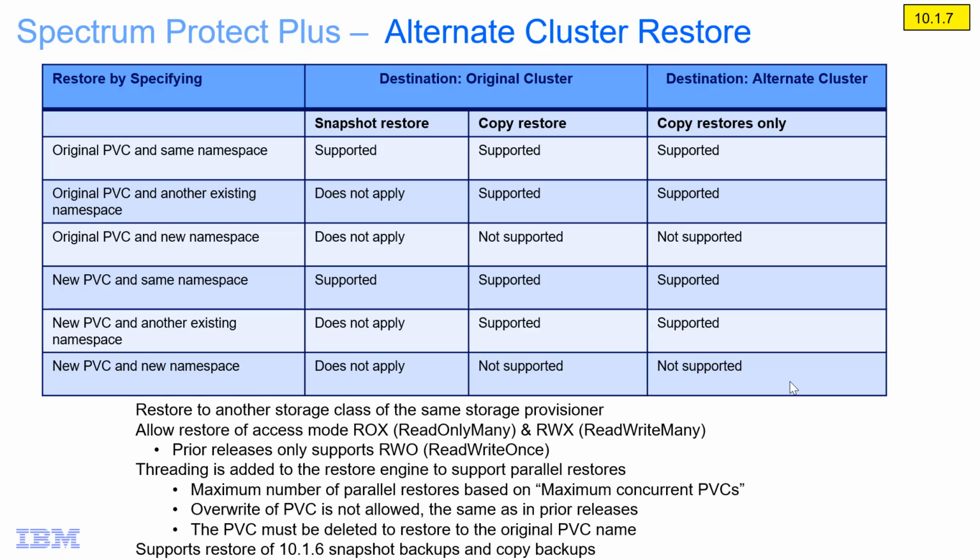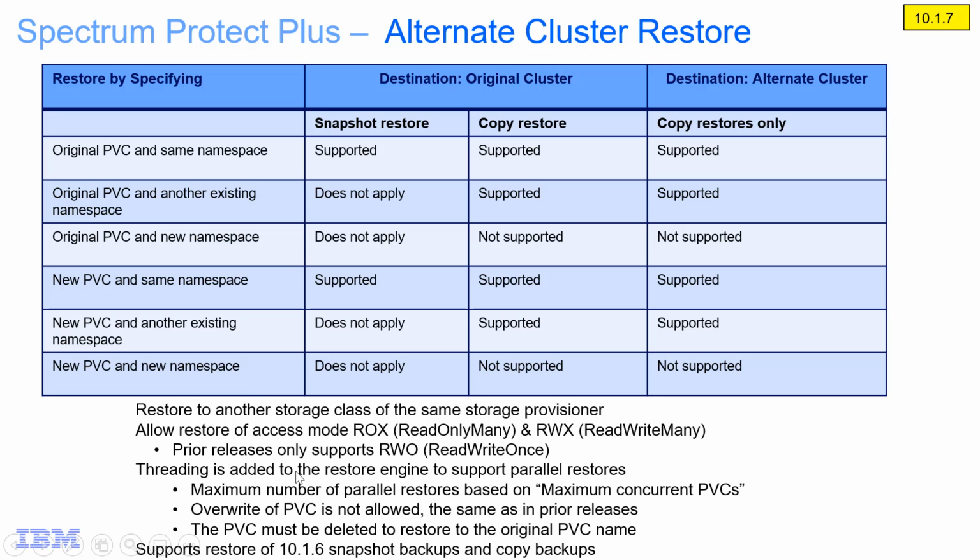So be sure to refer to this because there are some limitations on where an alternate cluster restore can occur. A couple other things to be aware of: we only support restore to another storage class of the same storage provisioner, and we only allow restores of access mode ROX, read-only many, or RWX, read-write many. The prior release only supported read-write once.